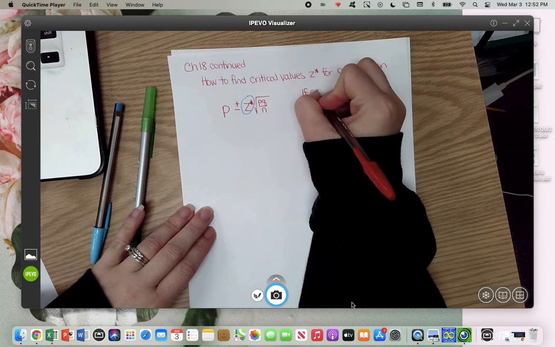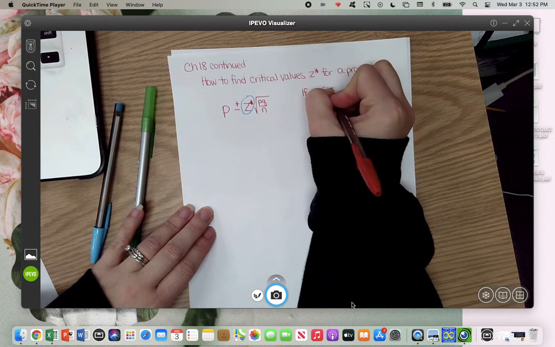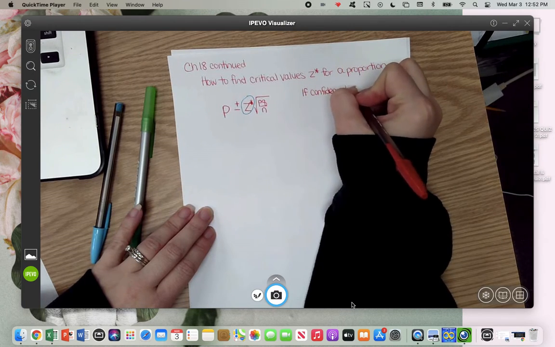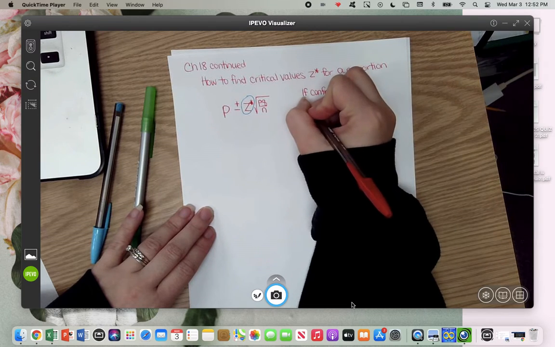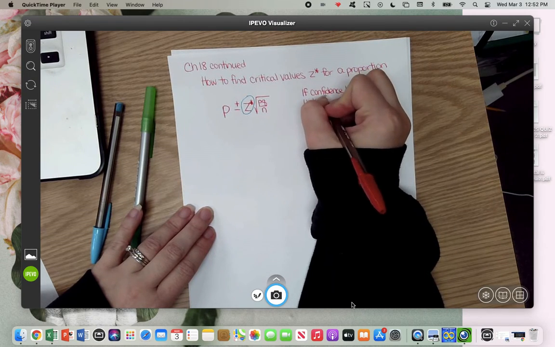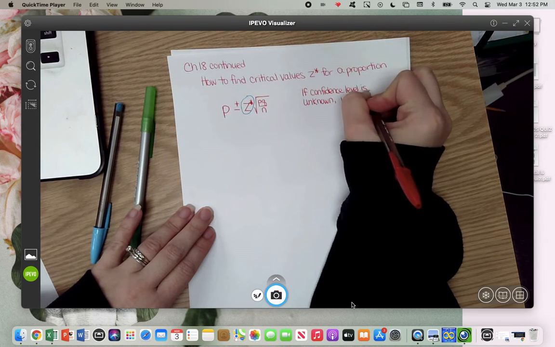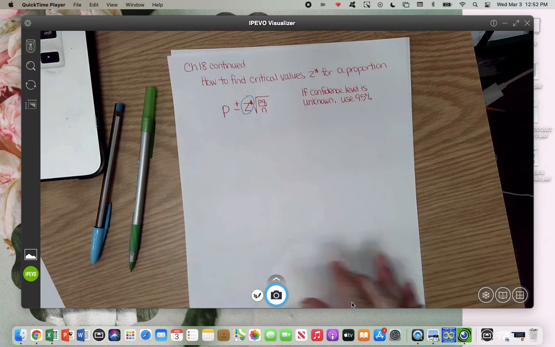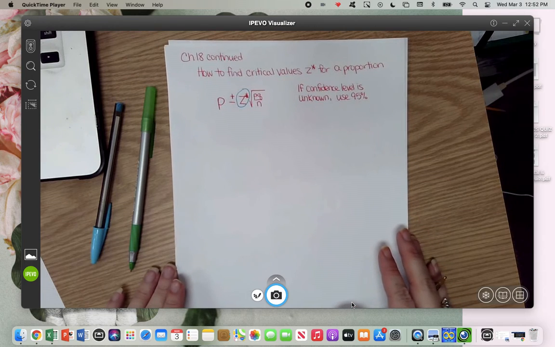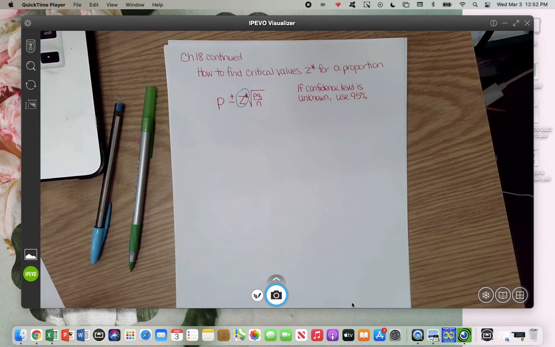If a confidence level is not given, so if the confidence level is unknown, use 95% confidence. Most of the time in statistics we can accept things that are at a 95% confidence level.